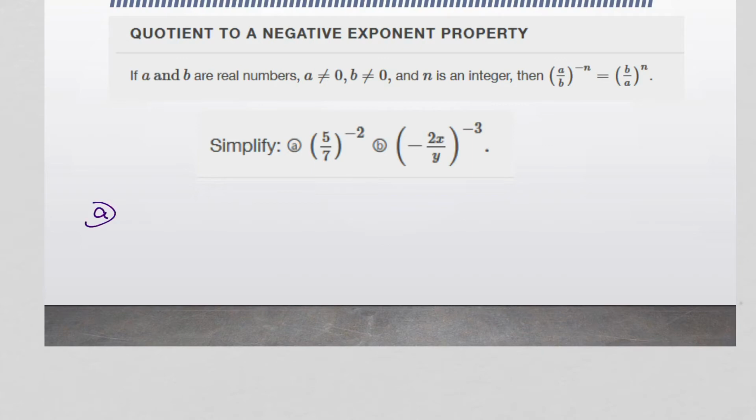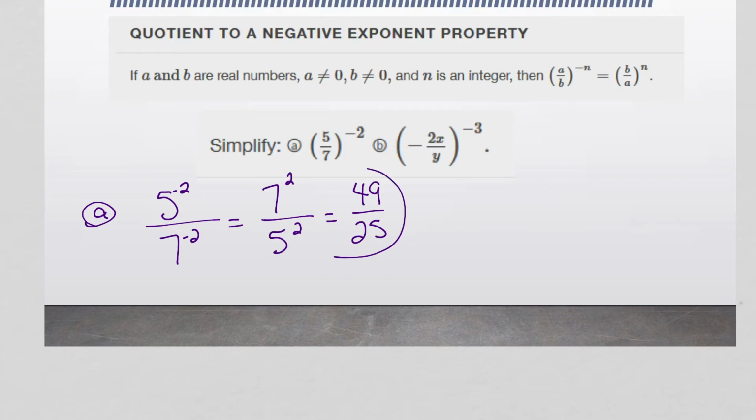So in part A, it would be 5 to the negative 2 power and 7 to the negative 2 power. But look, they're both unhappy with their locations, so we're going to swap their places. All of a sudden now they're happy. And now we can do the math. There we go. We're done.